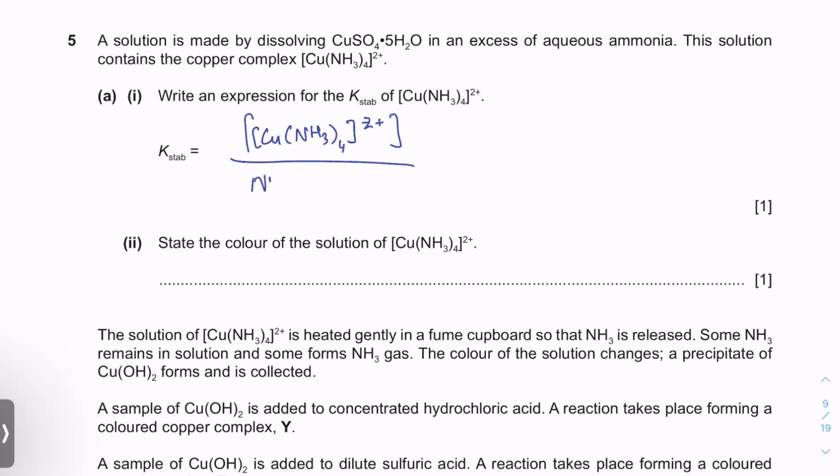Divided by, I will have 4 ammonia, so the power 4. And I have the octahedral complex for this. So copper sulfate तो नहीं होगा, copper with 6 water होगा, 2 plus होगा, and उसकी concentration. State the color of the solution with ammonia displaced it, that is dark blue. Okay.